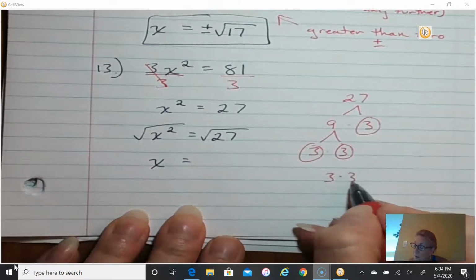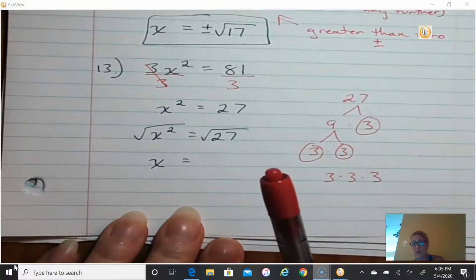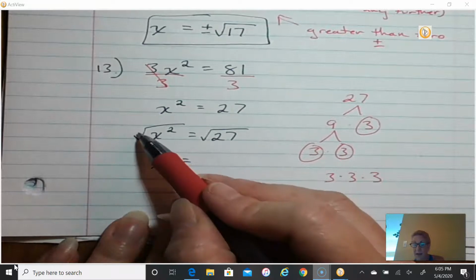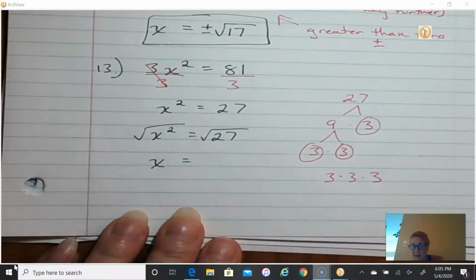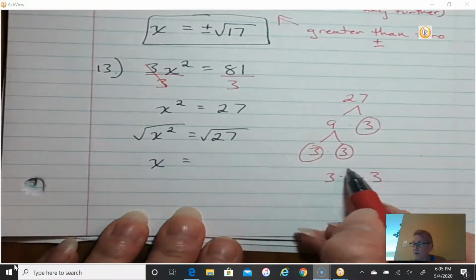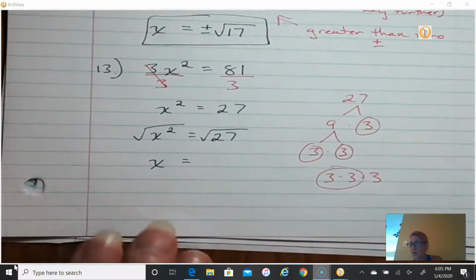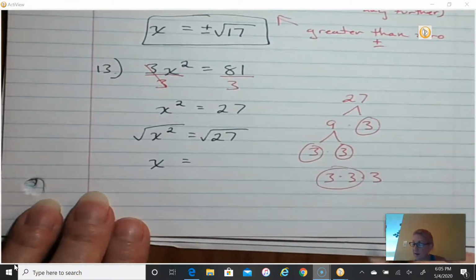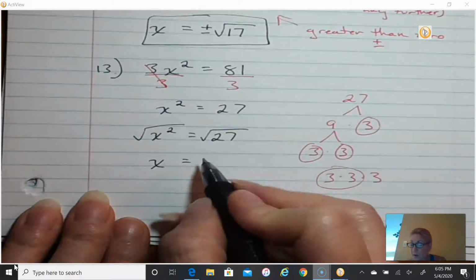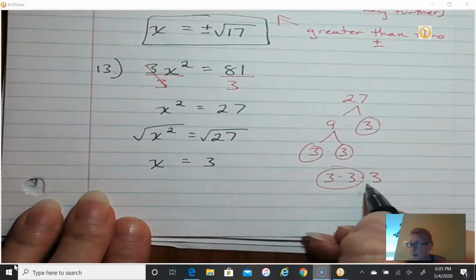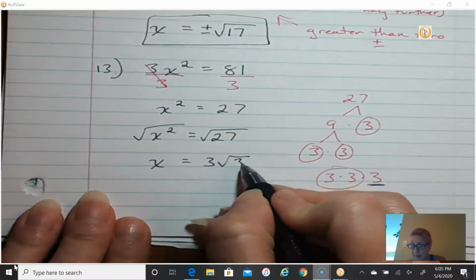I'm going to write out my prime factors. Okay, what's the root? It's 2, so we circle our pairs. So then, where does that 3 go? On the outside. The leftover goes on the inside.